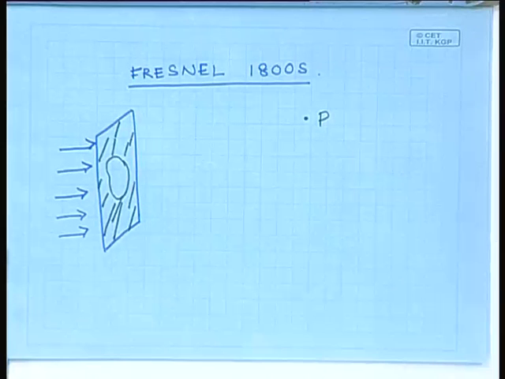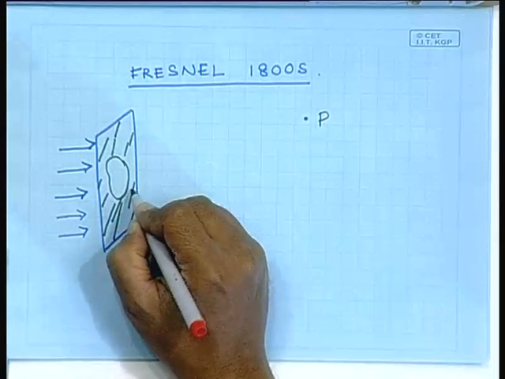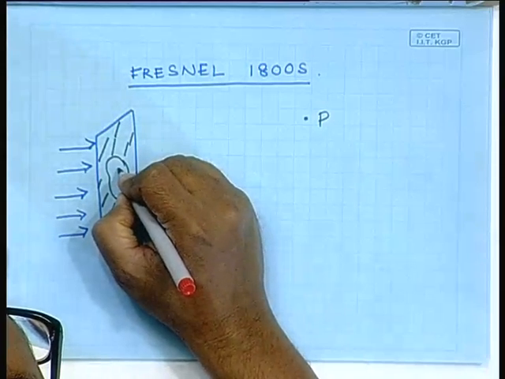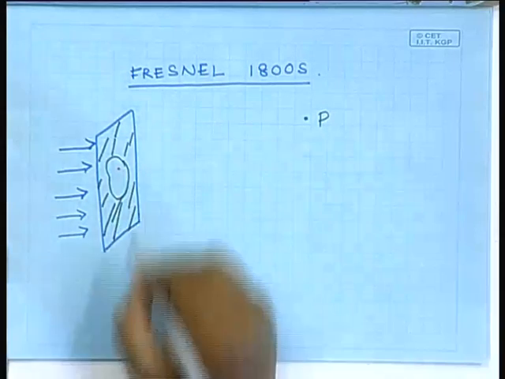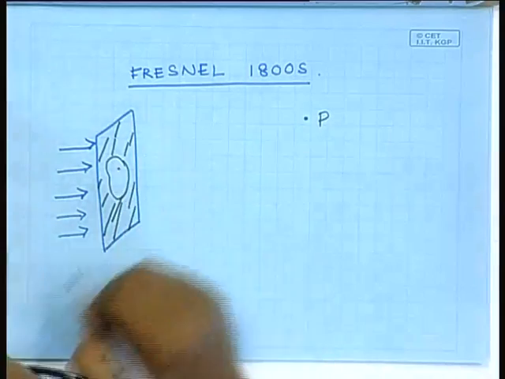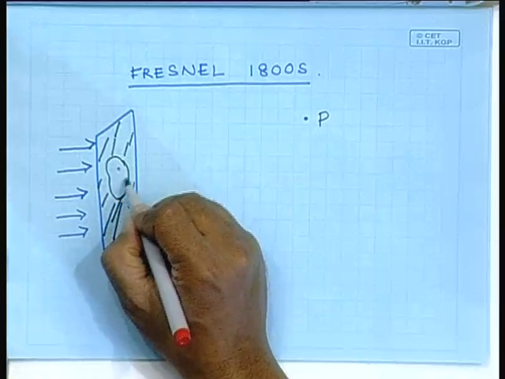So, what the Huygens-Fresnel principle, the Huygens-Fresnel construction tells us is that each point on the aperture is going to act like a source for a secondary spherical wavelet. So, each point here is going to act like a source for a secondary spherical wavelet. So, this is one point, it is going to act like a source for a secondary wavelet.